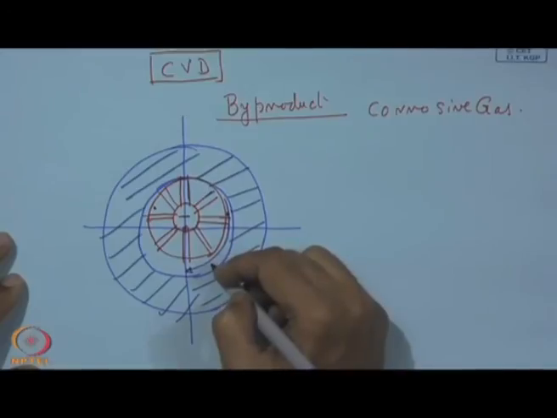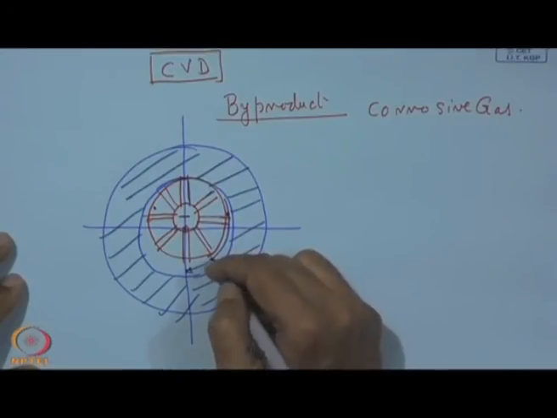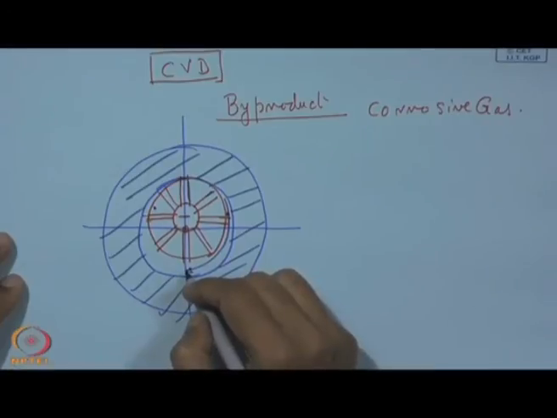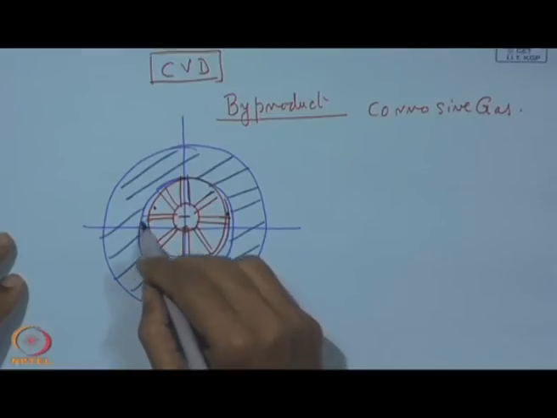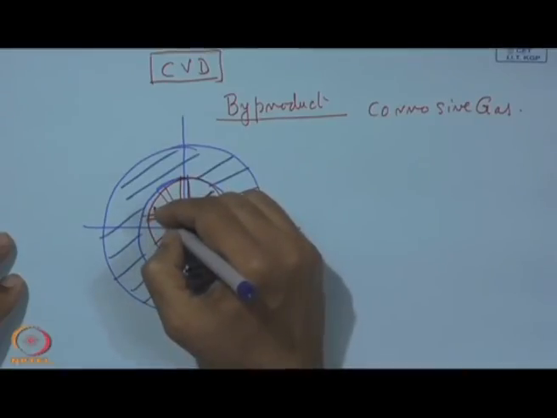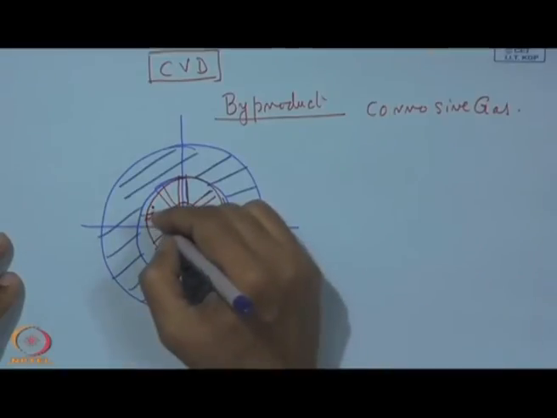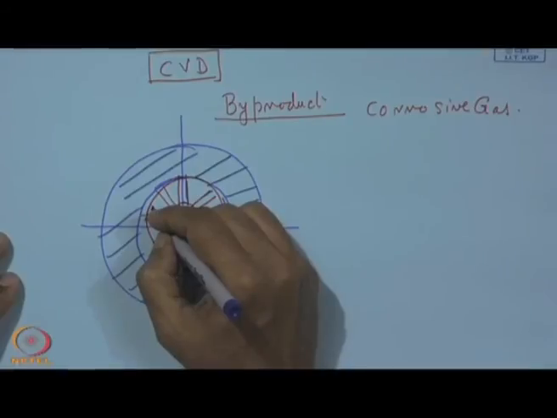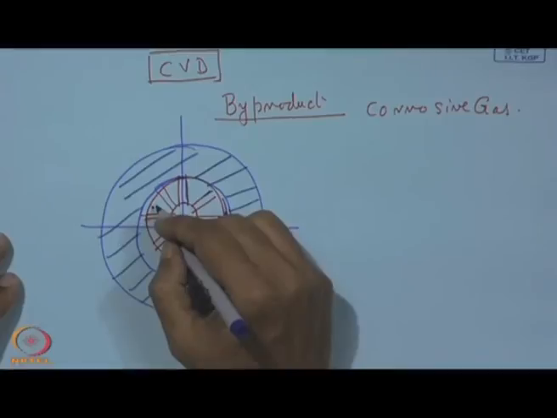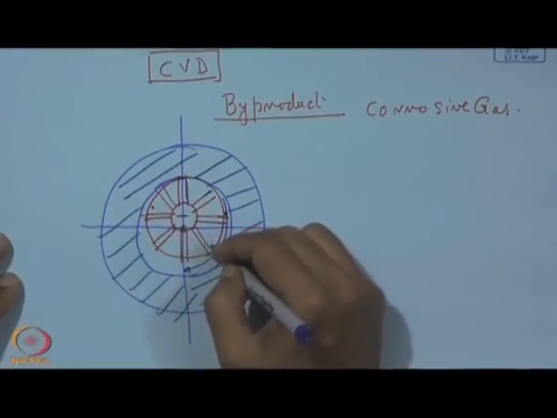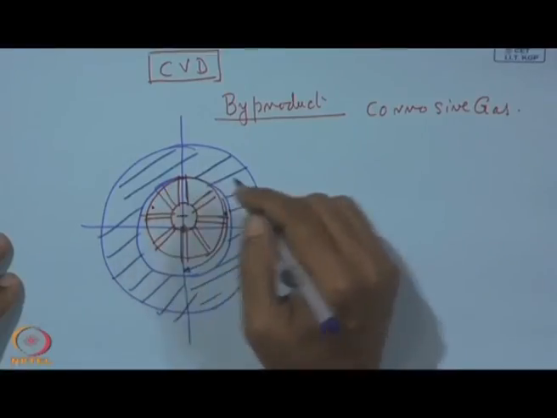So, there will be a fall of pressure in the CVD chamber, and followed by that, this material will be squeezed on this side, and because of this squeezing action this material will be compressed and its pressure will exceed the pressure just outside and it will be thrown outside.